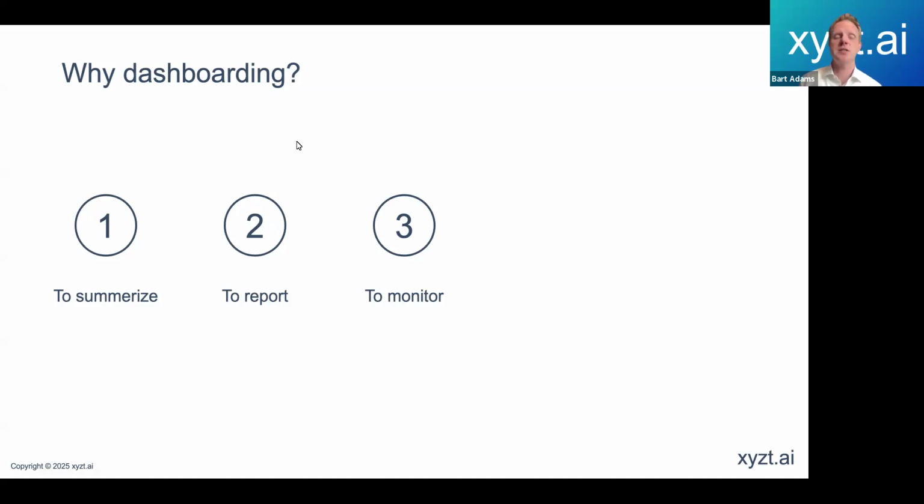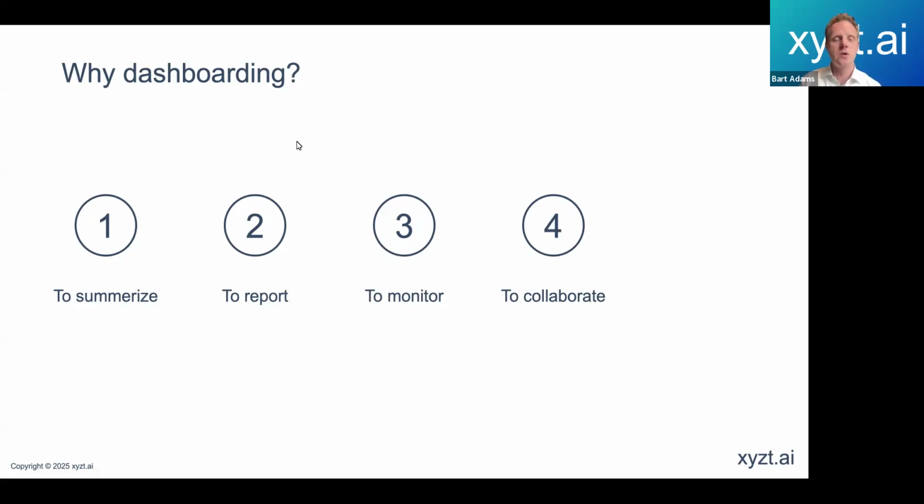You can start using dashboards to monitor. For instance, you can monitor whether it's busy or it's not busy, whether the roads are congested or not, and maybe even also whether there's an increase or a decrease compared to another time period. Finally, dashboards also allow you to collaborate with multiple stakeholders, with multiple people.